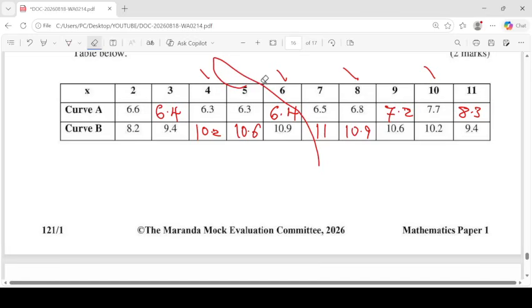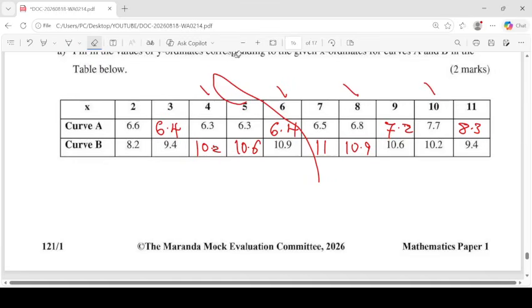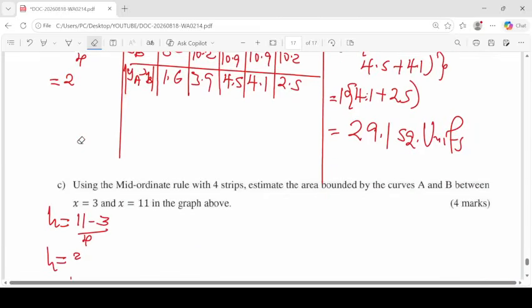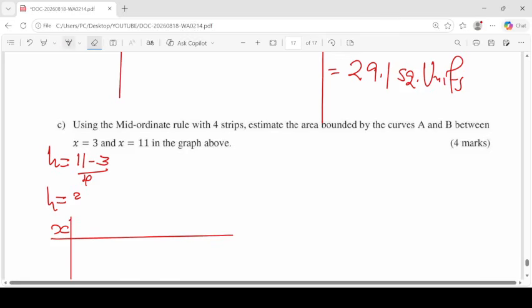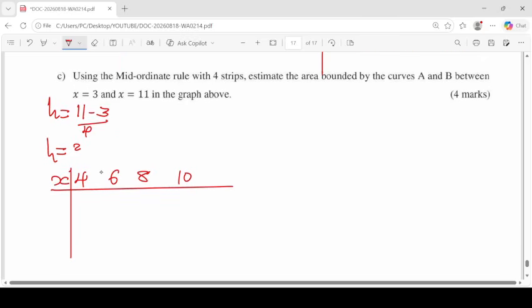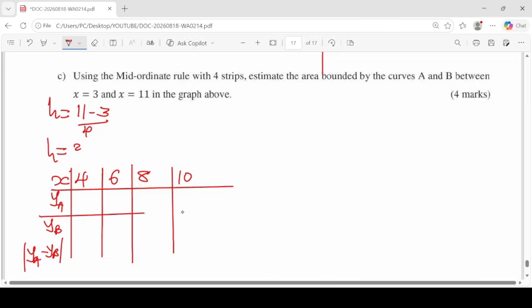Let us rule that way. We're going to have the y value of A, the y value of B, then the difference, y value of A minus the y value of B, then we get its absolute value. Pay much attention as we evaluate this.